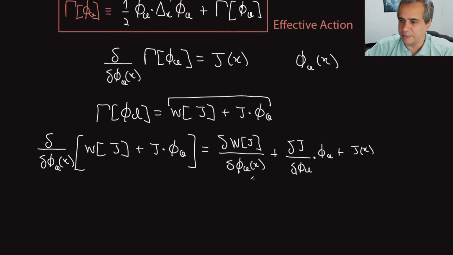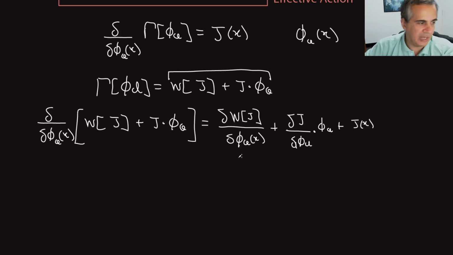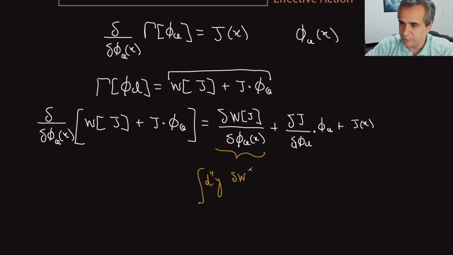Now this differentiation of W, I have to use a chain rule here, which looks like that for a functional derivative. This is the integral d for y, del W of J del J of y, times, this is a chain rule, del J of y del phi classical of x.